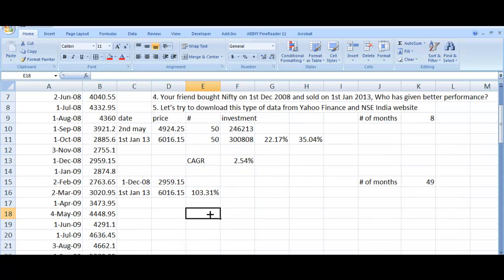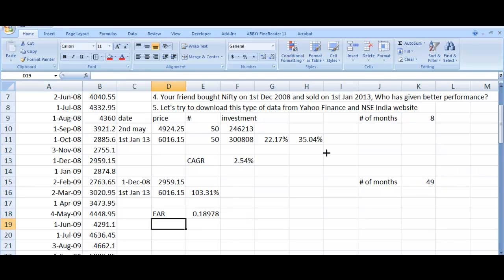We'll say effective annual rate will be equal to 1 plus your holding period return, to the power of how many holding periods there are in a year. So 12 divided by the number of months in the holding period, which is 49. Instead of 49, I will select this cell, a better approach, and then minus 1.